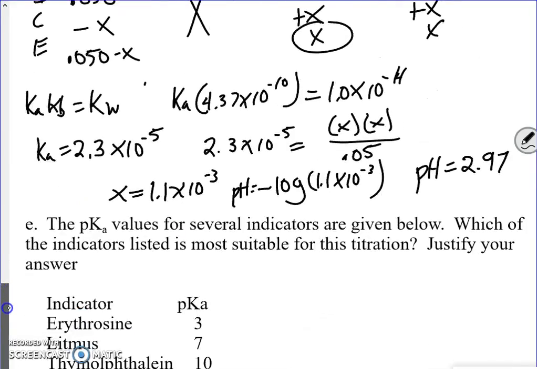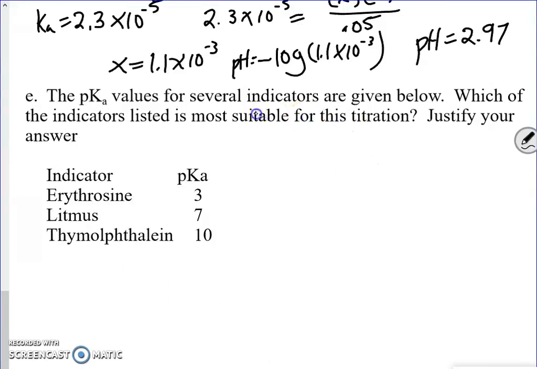The last part of this problem is kind of weird, but it's actually very easy. When we're looking for an indicator, we want the indicator to change colors around the equivalence point, which is, in this case, 2.97. Well, the pKa associated with the indicator is the point where the indicator changes colors, corresponding to the pH range.